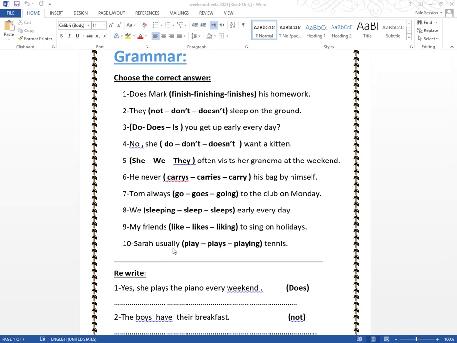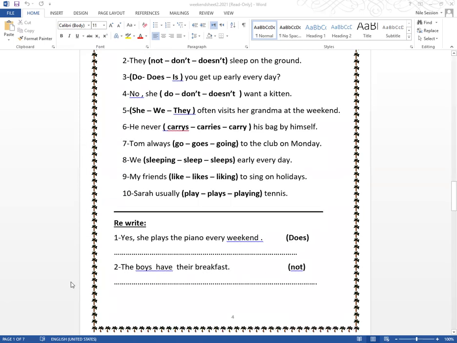Sarah usually plays tennis. Sarah equals she, and usually is a keyword of present simple. So we will put S. And here we put only S as the verb ends in Y, and before Y is a vowel letter. So we will keep the Y and put S. Okay, the next question is rewrite.